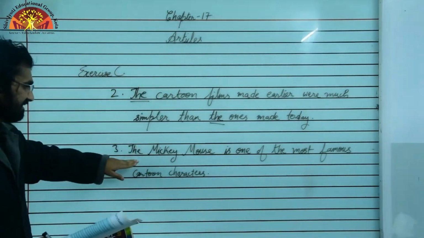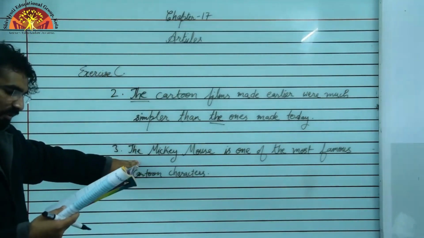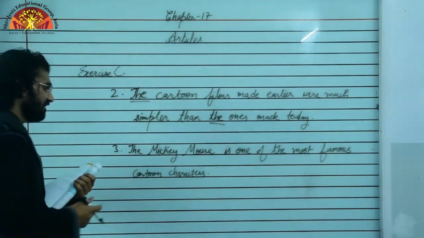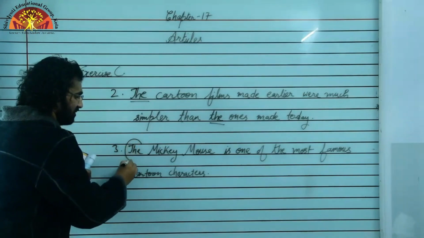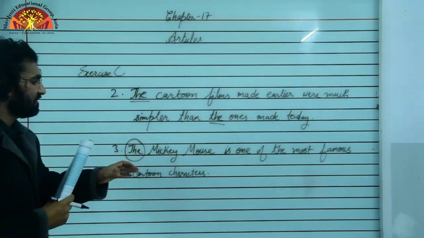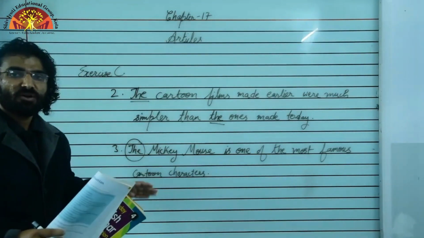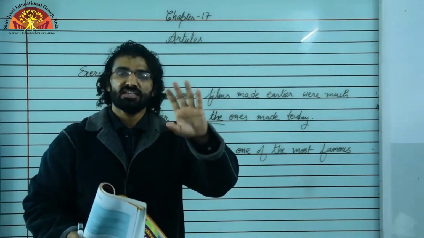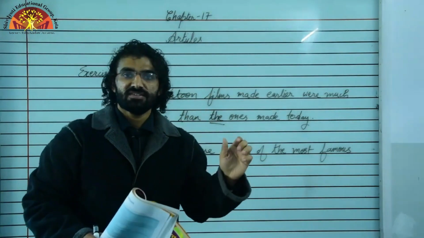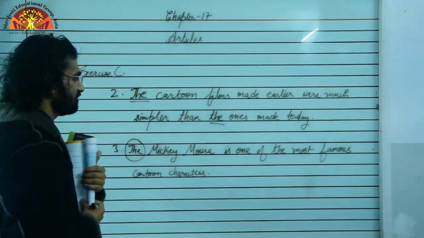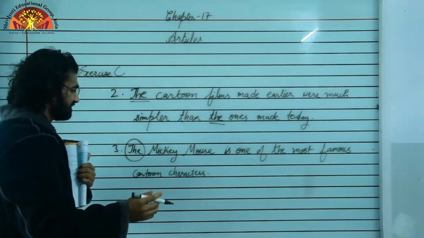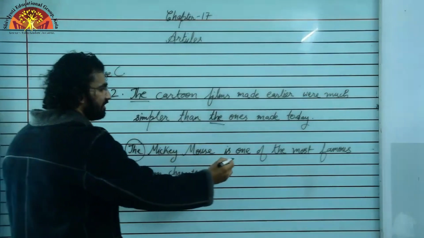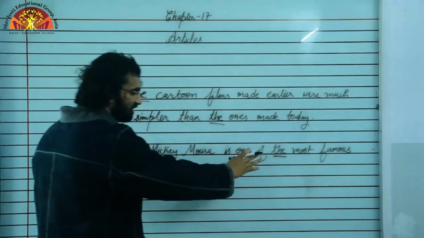Yes, you can see the Mickey Mouse is one of the most famous cartoon characters. Here it has been wrongly used. Why? Because Mickey Mouse is a proper noun. Mickey Mouse is the name of that particular cartoon, one of the most famous cartoons by Walt Disney. So before names we do not use the, so we have circled it here. Here the use of the is right, so we are going to underline it.